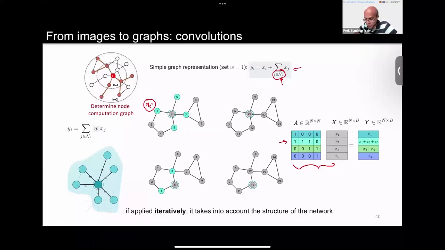Now, instead of using an unweighted sum, I can always introduce some weights, which will figure out how to appropriately combine information from my neighbors. How should I weigh information from node 2 and node 3 while computing the features of node 1? So instead of doing this operation for all the pixels, I'm simply doing it for pixels near me, and near is characterized by the neighborhood.